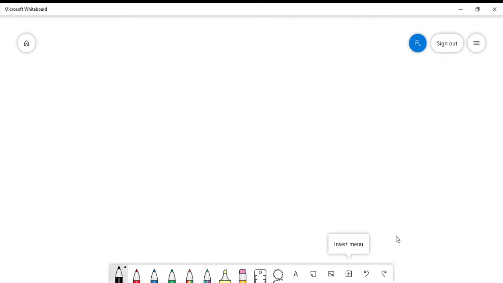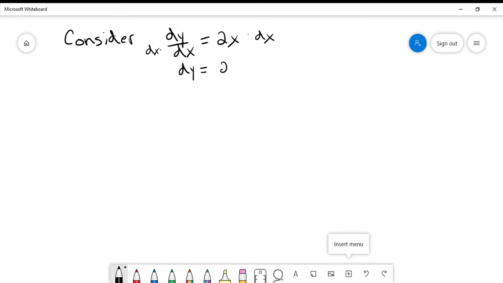Okay, so when we talk about a slope field, I want to start by considering this differential equation dy dx equals 2x. All right. So if we separate our variables, multiply both sides by dx like we've been doing, I have that dy equals 2x dx.